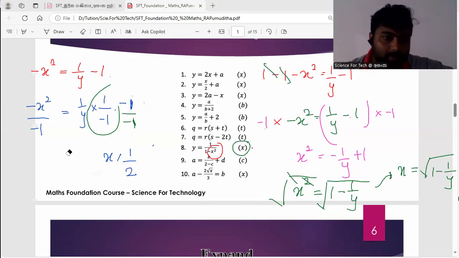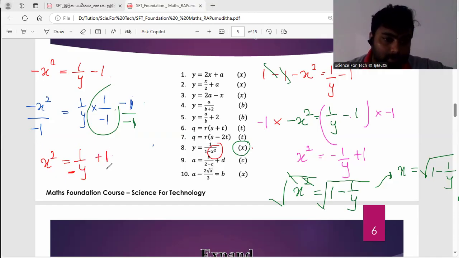Then what happened? x squared divided by minus 1, meaning minus x squared divided by minus 1, becomes x squared equals, here this y becomes minus. Then minus 1 divided by minus 1 means plus 1.